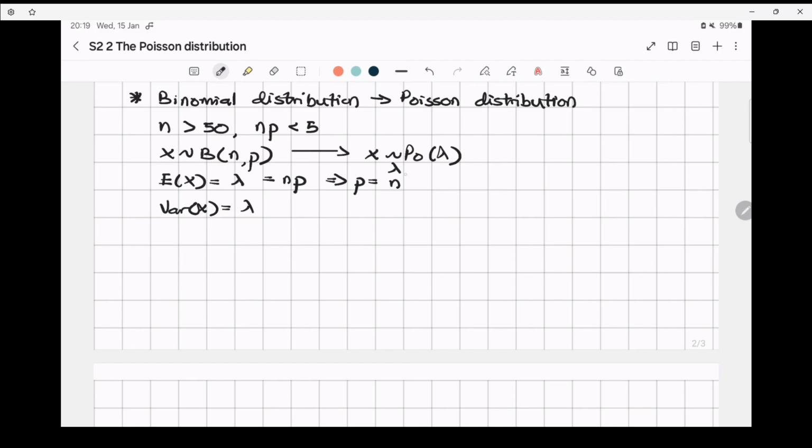From the left side, the variance is given by npq, and we know that q is equal to 1 minus p. So this is n multiplied with p, then multiplied with 1 minus p.